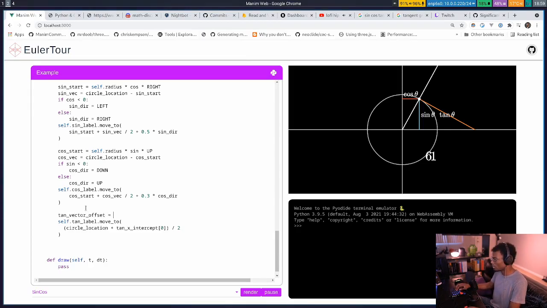This offset is going to be the minimum of like 1 and half the length of the tangent line, right?